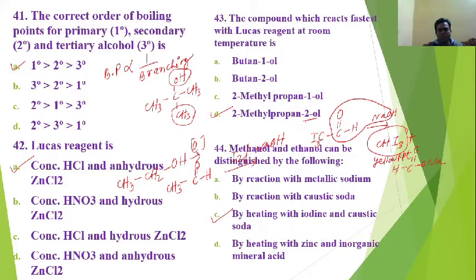But methyl alcohol does not give the iodoform test.